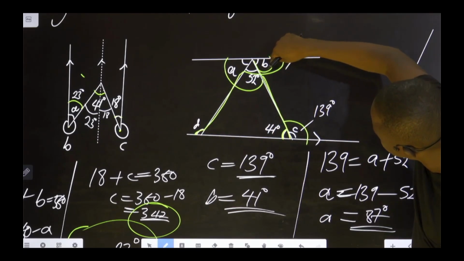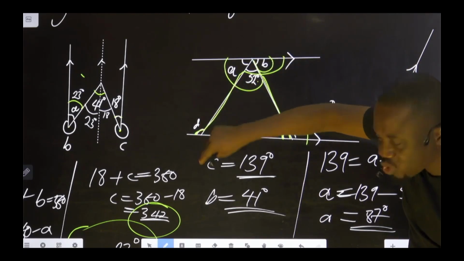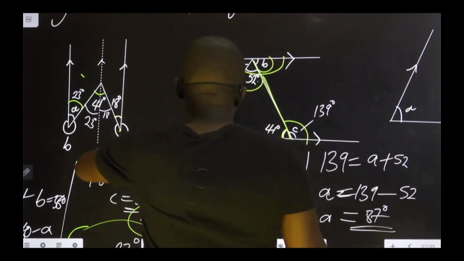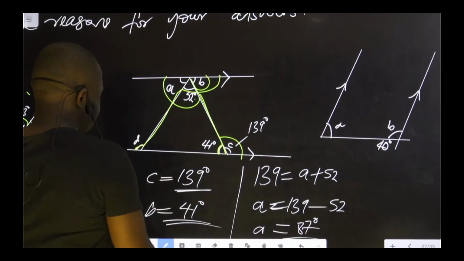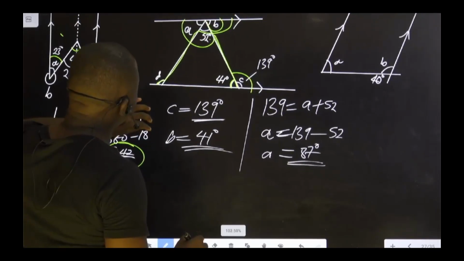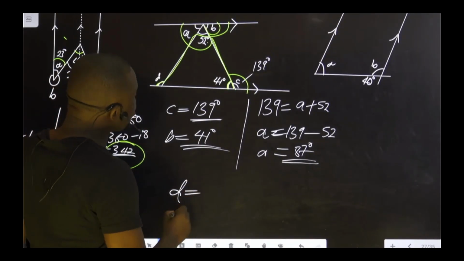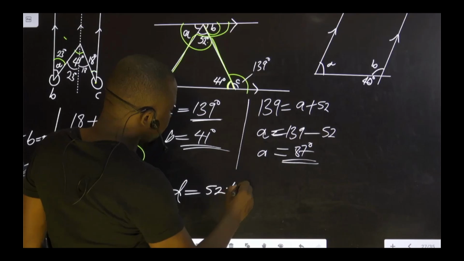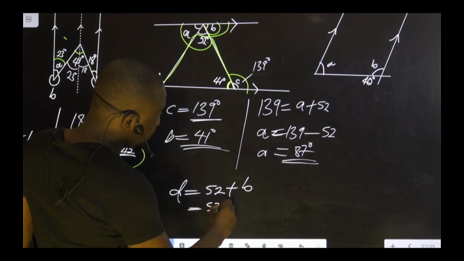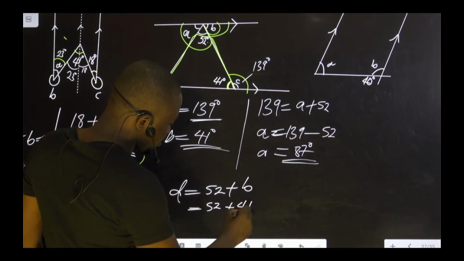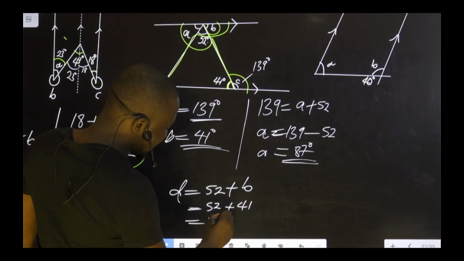So it is B and 52 that are equal to D. So therefore, I can say that D is equal to 52 plus B, which is equal to 52 plus 41, which is equal to 93 degrees.